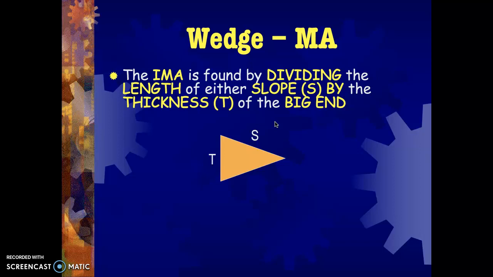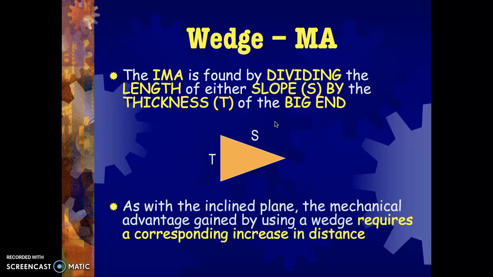So in other words, you've taken the height of each wedge, since we said it's two wedges back to back, and added them together to get our thickness. As with the inclined plane, the mechanical advantage gained by using a wedge requires a corresponding increase in distance. So less force, greater distance. That is the advantage of a wedge.